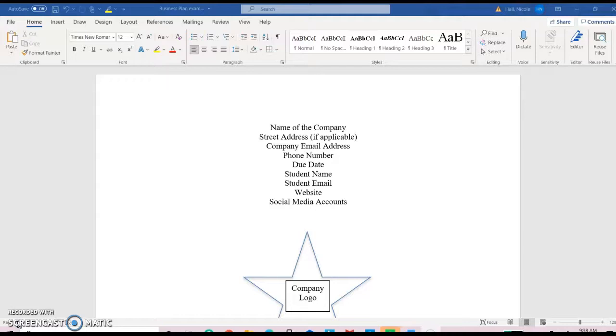The due date that the business plan is due, your name, first and last, your student email address, your Bristol email, the website of the business. Most companies today in the 21st century do have a website, so be sure to include that. And then any social media accounts, such as your Facebook page, your Instagram page, and or your Twitter account.